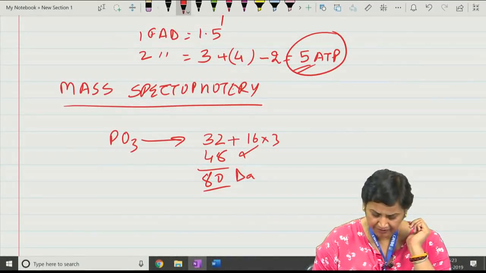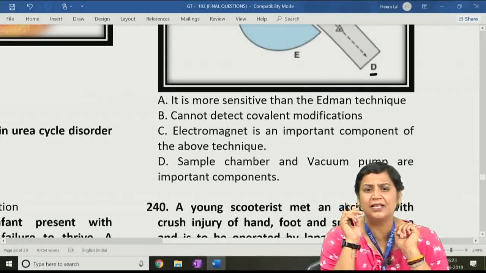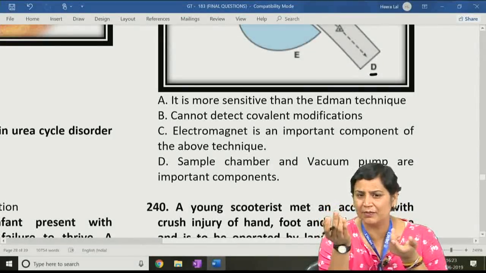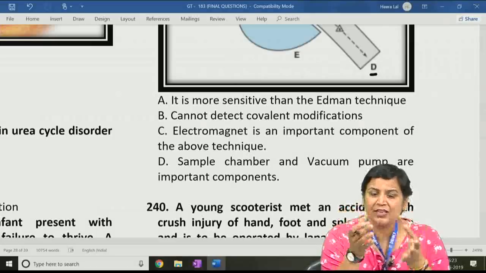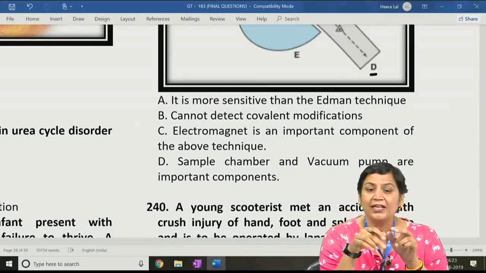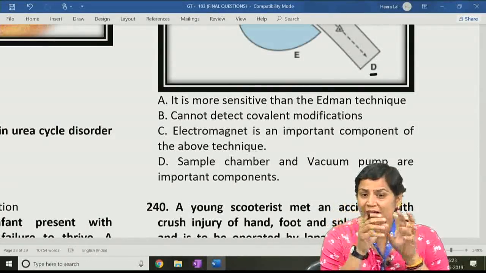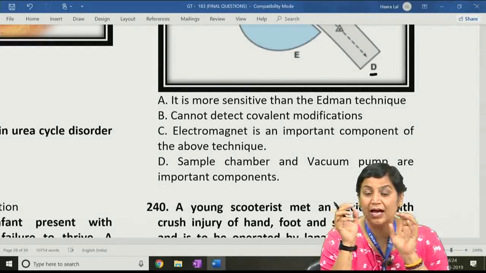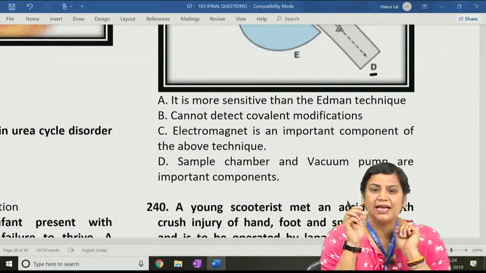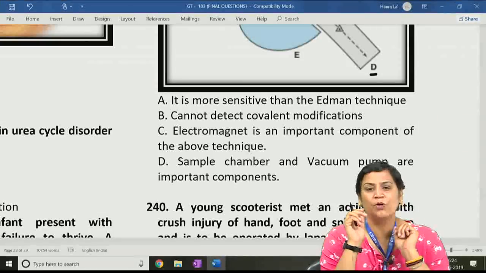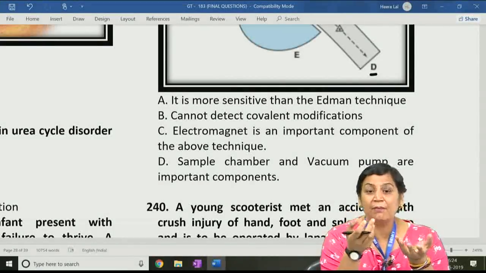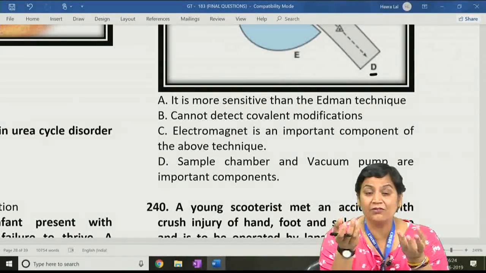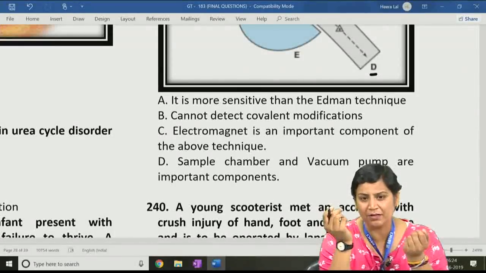So it can detect. Electromagnet is an important component. Yes, the electromagnet is important, because whatever is occurring has to be in the electromagnetic field. Then only there will be dispersion and ionization. Sample chamber and vacuum pumps are important components. Yes, the sample chamber is important, because unless we put a sample, nothing is going to happen.